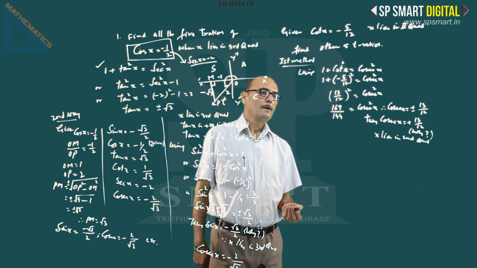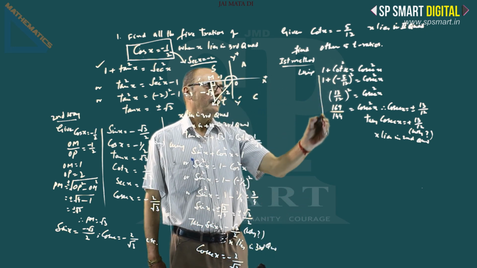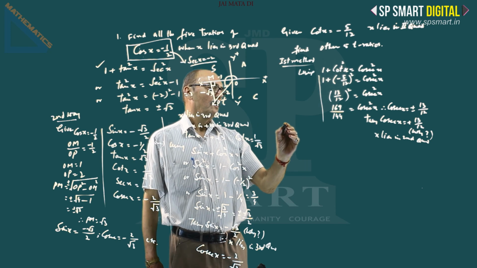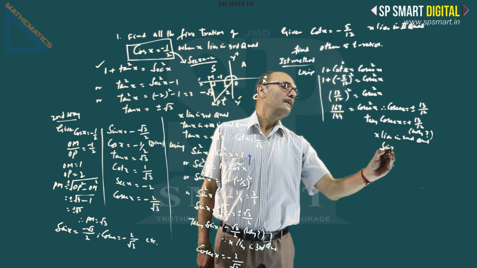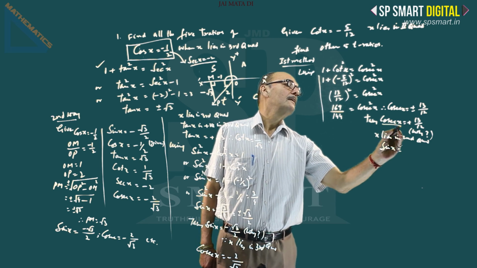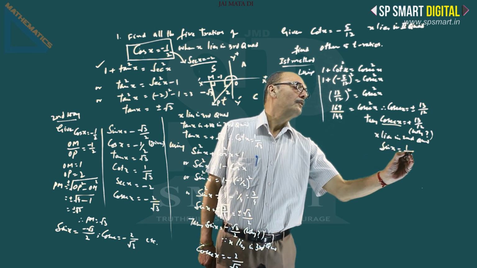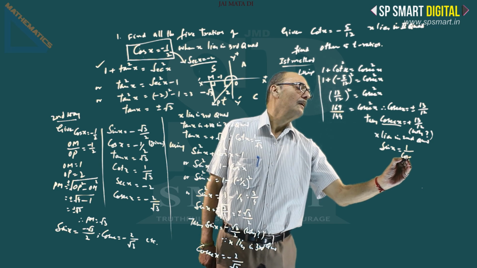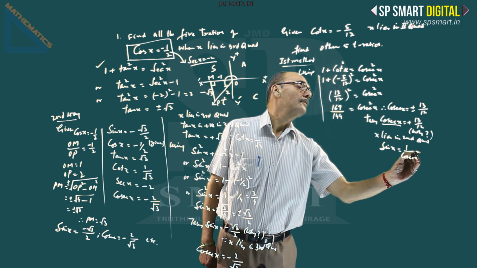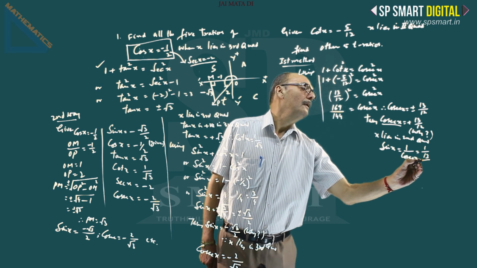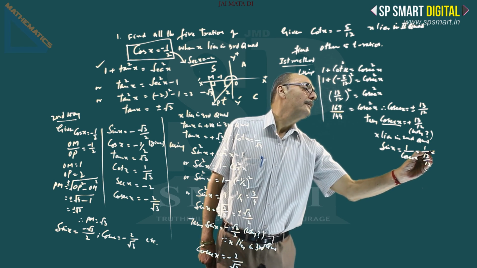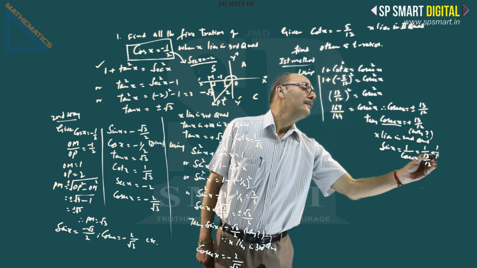So, from here we have sin x equal to the reciprocal of cosec, 1 by cosec x. So, this is 1 over 13 by 12, ultimately 12 by 13.